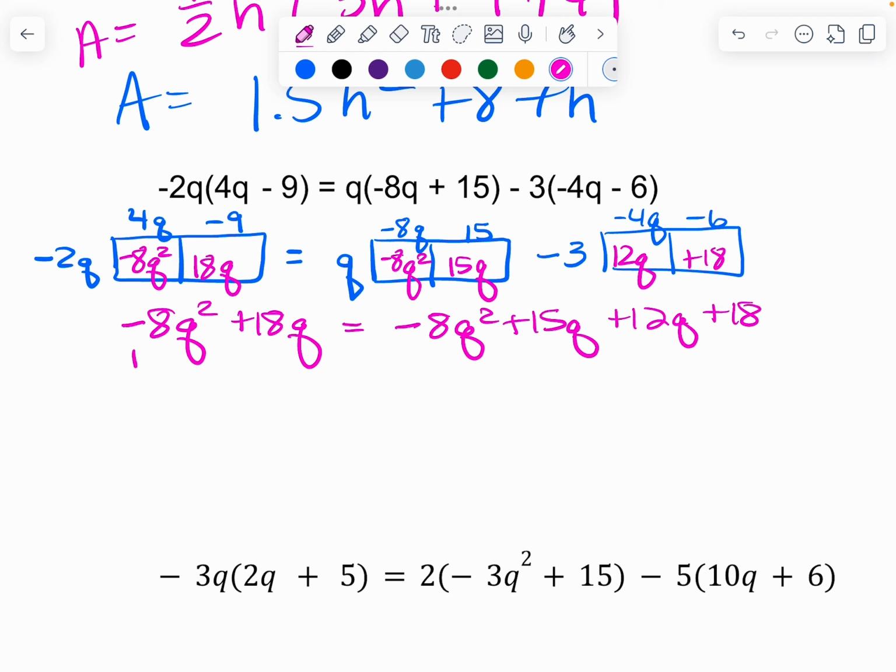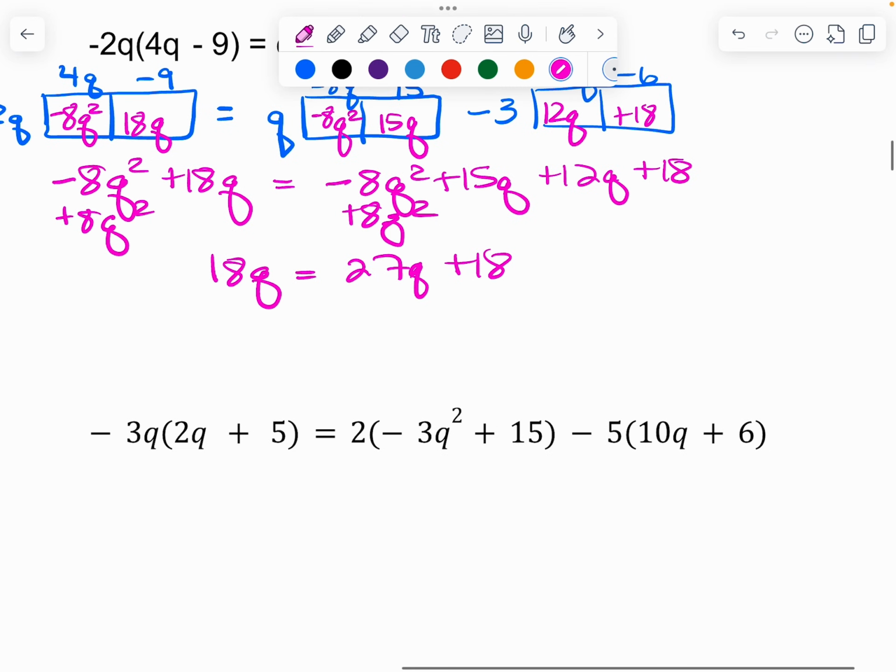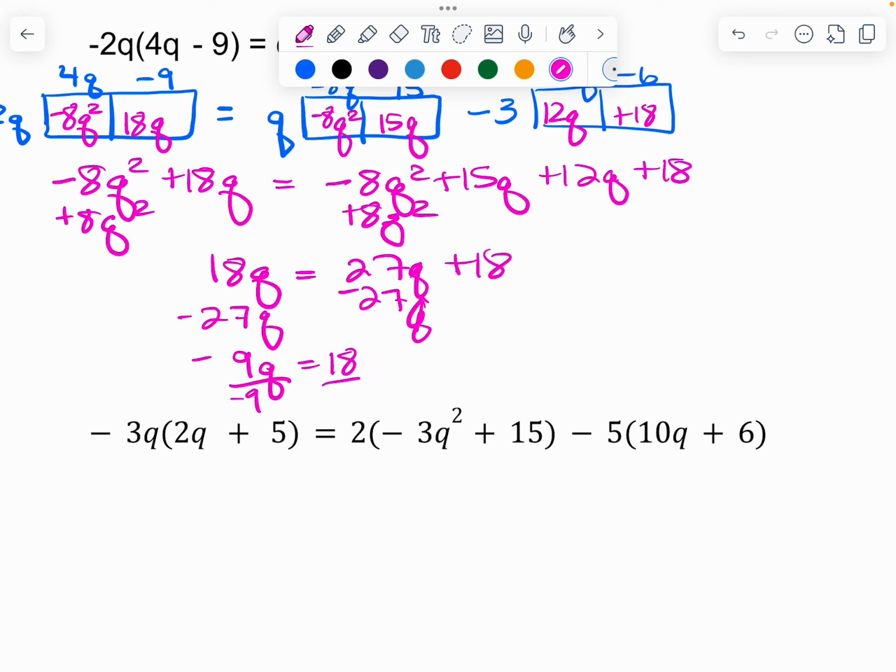So if I was to add 8q squared on both sides, they disappear. And you just have 18q equals 27q plus 18. Subtract 27q from both sides. Get negative 9q equals 18. Divide by negative 9 and get q equals negative 2.